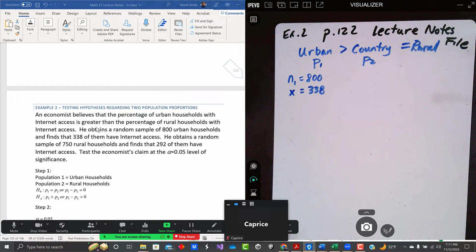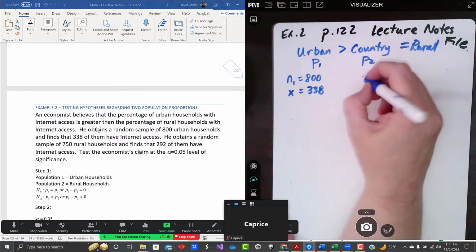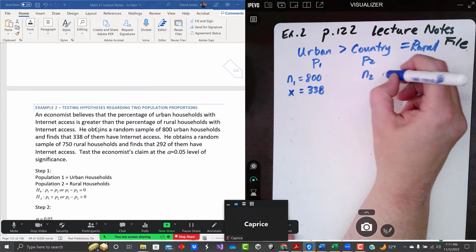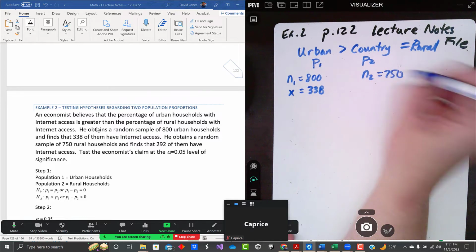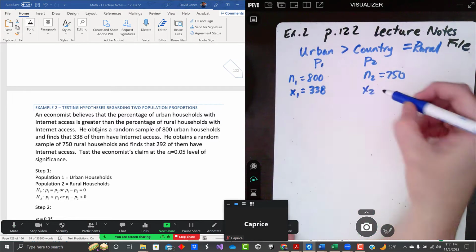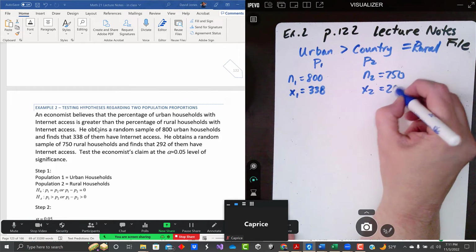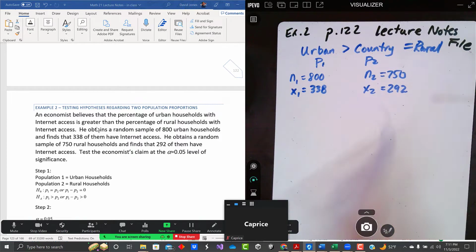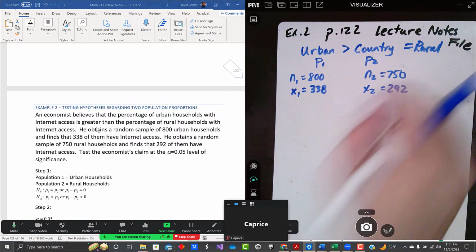And then when we get to the country households, which is my P2, I'll give it a 2. It tells me there's 750 homes that they checked, and X2 is 292. And I'm going to make a quick note that alpha equals 0.05.